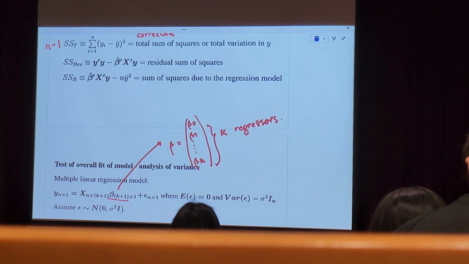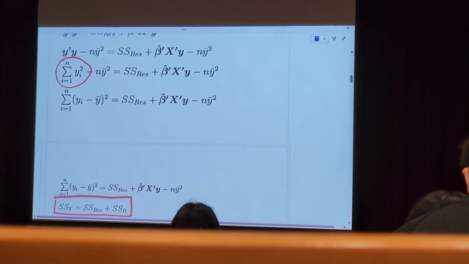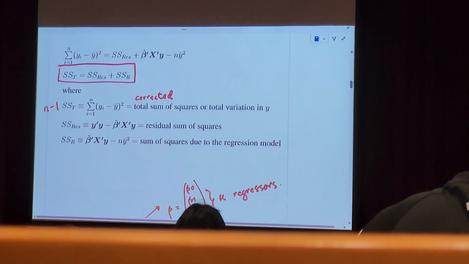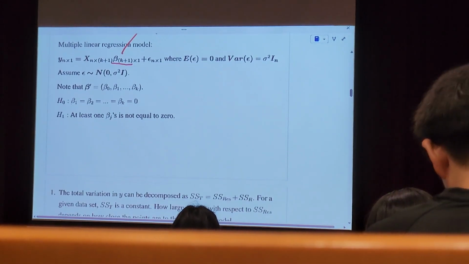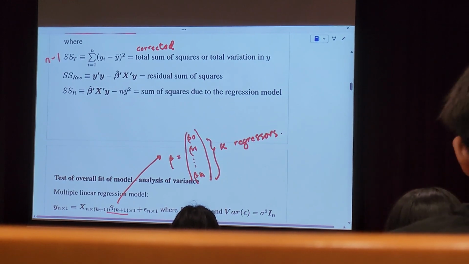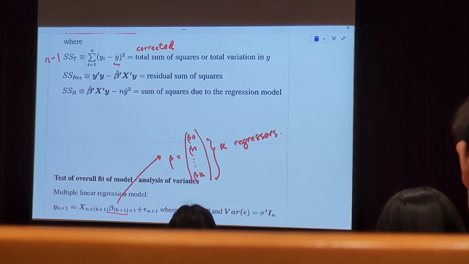For the uncorrected sum of squares, the degrees of freedom is n, because all the y's can be anything with no constraint. But for the corrected sum of squares, the degrees of freedom is n minus 1 because of the constraint that the sum of y_i minus y bar must be 0.